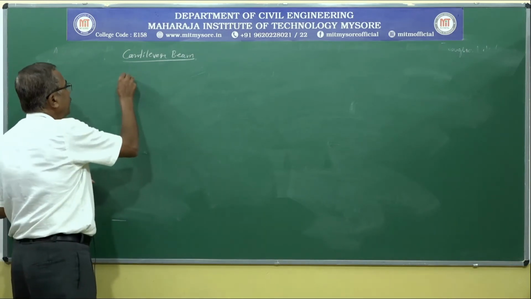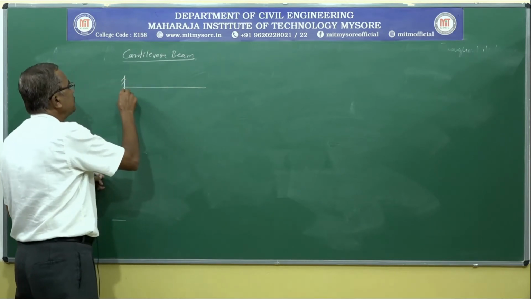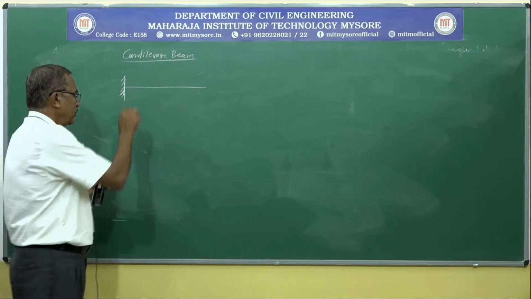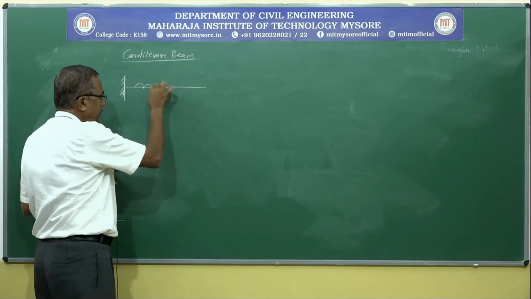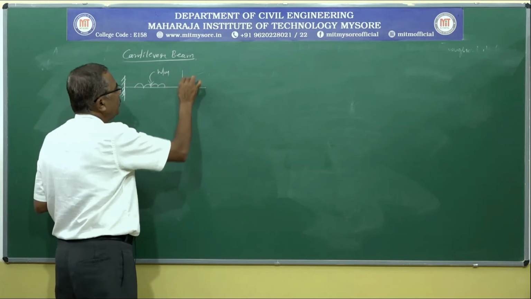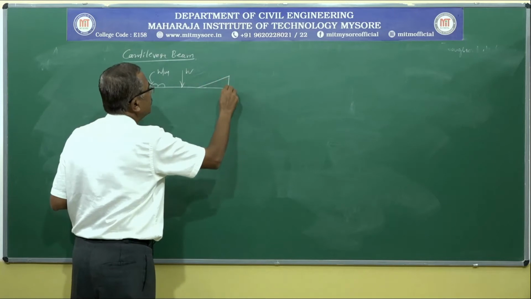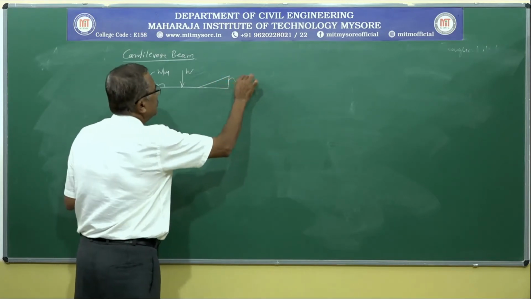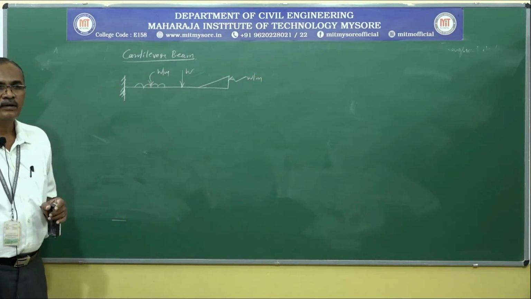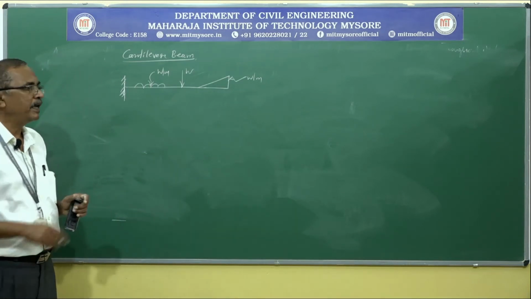In the case of a cantilever, we know that it is a beam which is fixed at one end and free at the other end. Irrespective of the type of loads, it may be a uniformly distributed load or a point load, or a triangular load like this, always the loads acting on the beam will try to bend the beam in the upward direction.